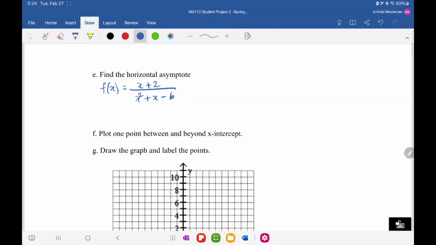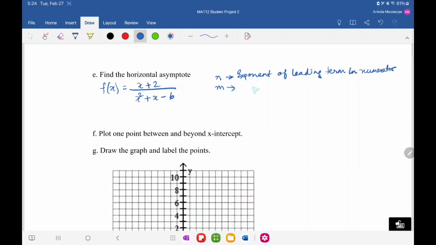How do we find the horizontal asymptote? We have to look at n and m, and then we have to compare them. What is n? n is the exponent of the leading term in the numerator. What is m?